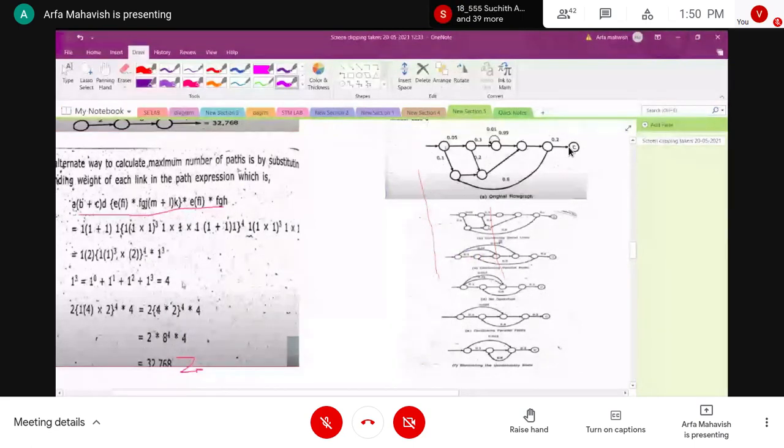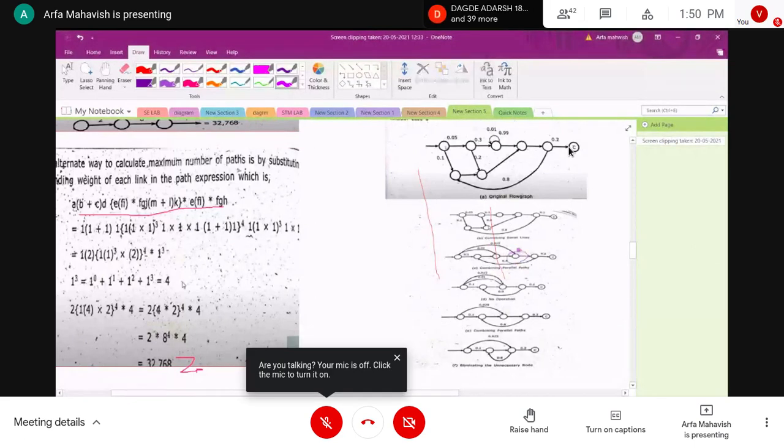This is the graph you get while combining the serial links. Next we are combining all the parallel links. We are removing this node from here and combining these nodes, and here we get 0.015, 0.01.